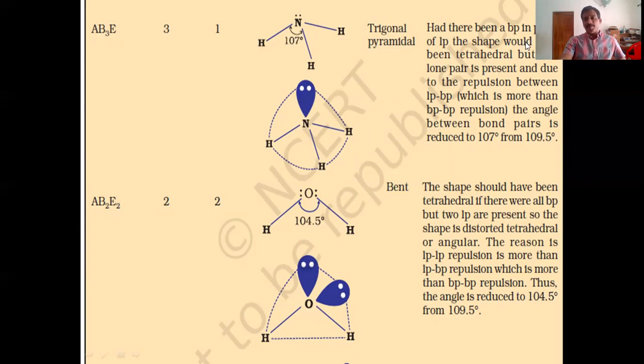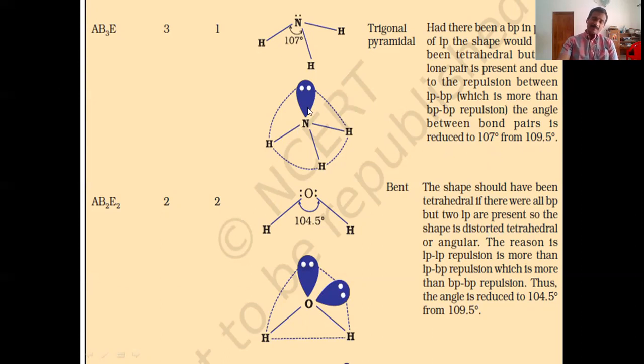Had there been a bond pair in place of the lone pair, the shape would have been tetrahedral. But 1 lone pair is present. And therefore, the repulsion between lone pair and bond pair is greater than bond pair repulsion, and as a result the bond angle decreases from 109 degree 28 minutes to 107 degree.